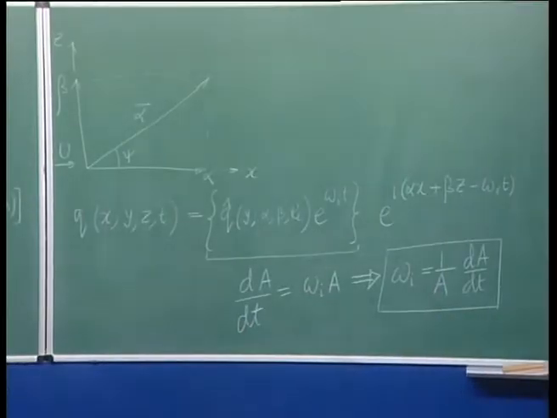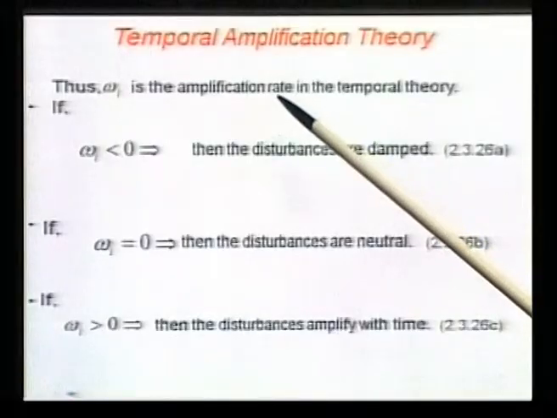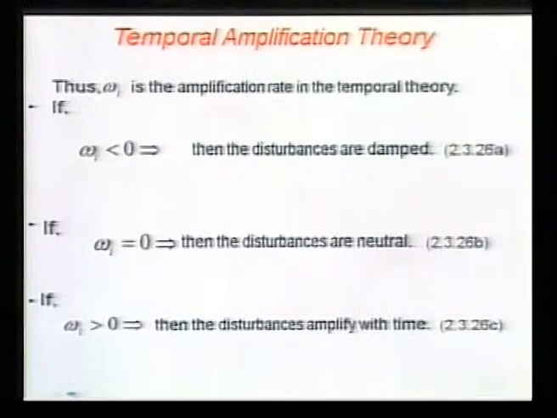Next, what we could do is look at the complementary picture. But anyway, we have done this, but let us nonetheless summarize what we have. Omega I is going to tell us whether the disturbance is growing or decaying.